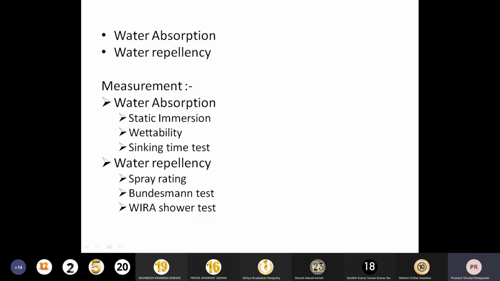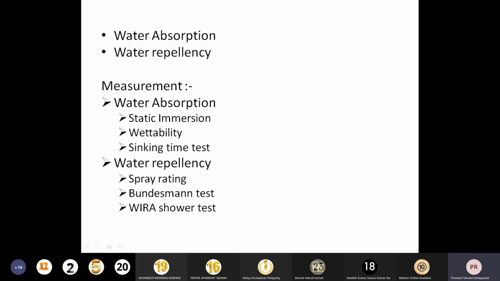So what we are saying, the two facets to the absorption of water are: one is the total amount that can be absorbed regardless of time, and the other is the speed at which it is absorbed.